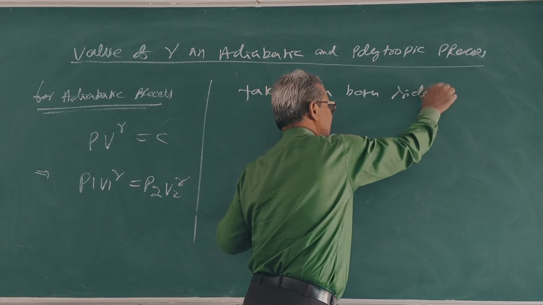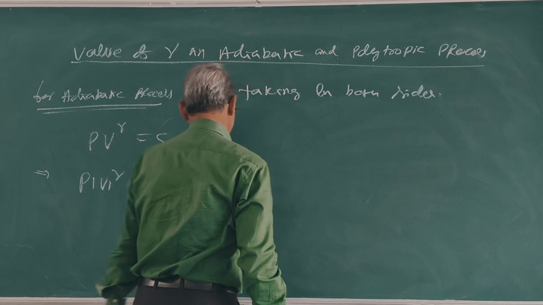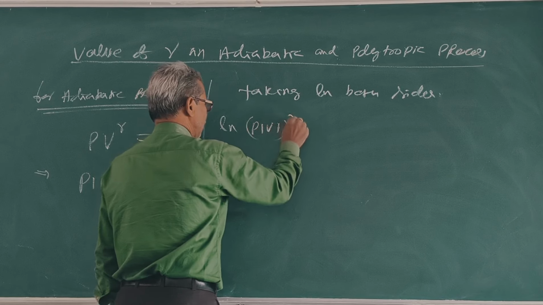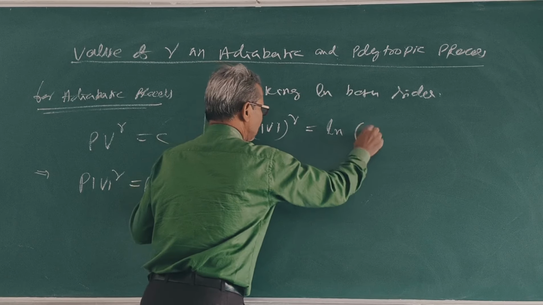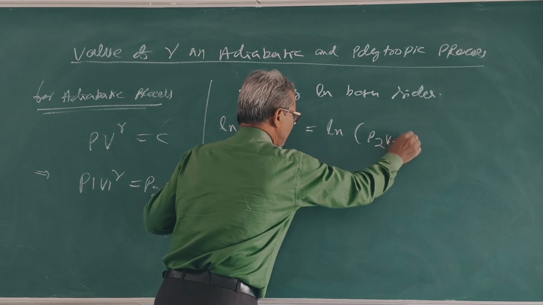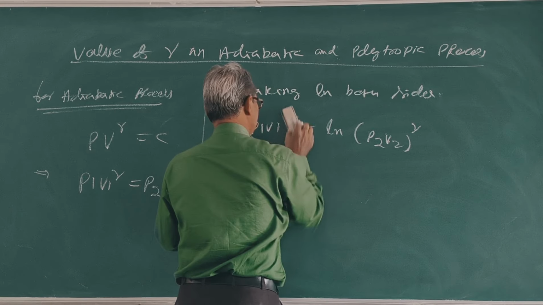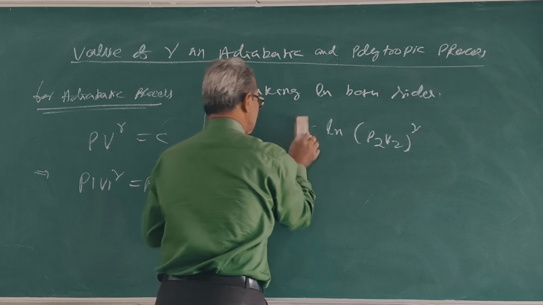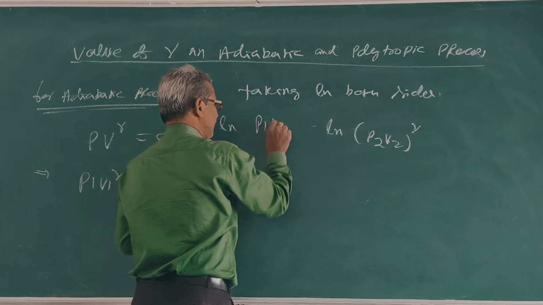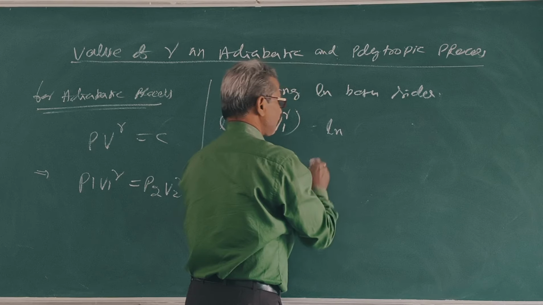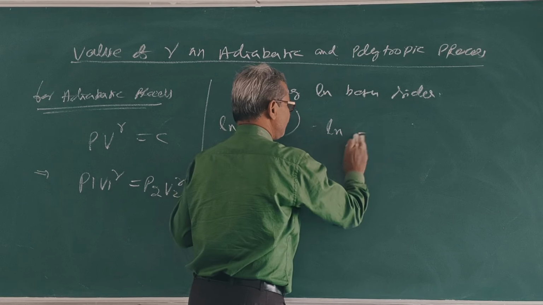Clear? So ln of P1 V1 to the power gamma is equal to ln of P2 V2 to the power gamma. Not this, this is P1 V1 to the power gamma. Clear? This is P2 V2 to the power gamma.